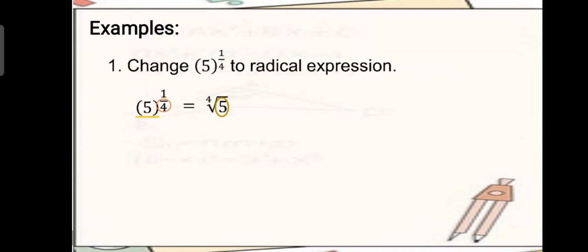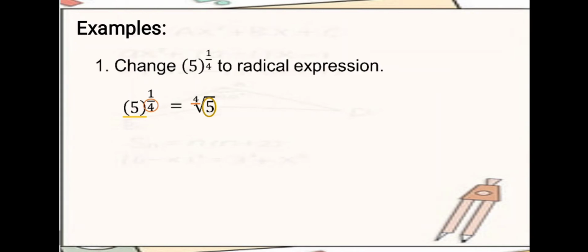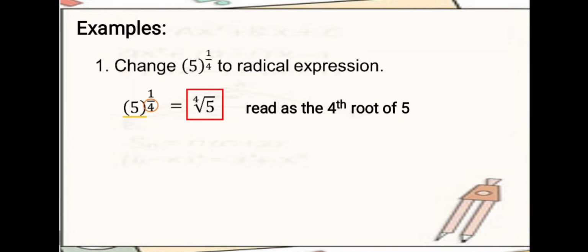Yung denominator naman natin na 4, siya naman yung magiging index natin. At yung numerator na 1, siya naman yung magiging exponent ni 5. Since 1 naman siya, kahit hindi nyo na siya isulat. Therefore, that will be our final answer. So, this is read as the 4th root of 5.